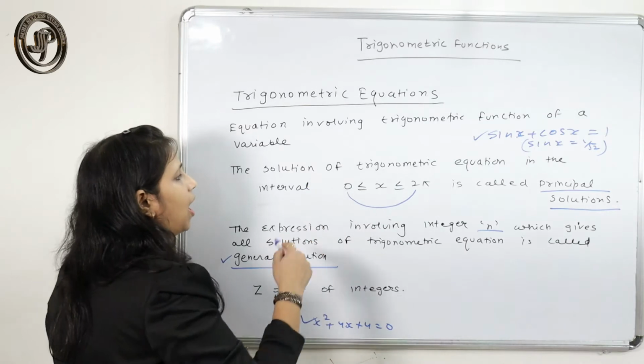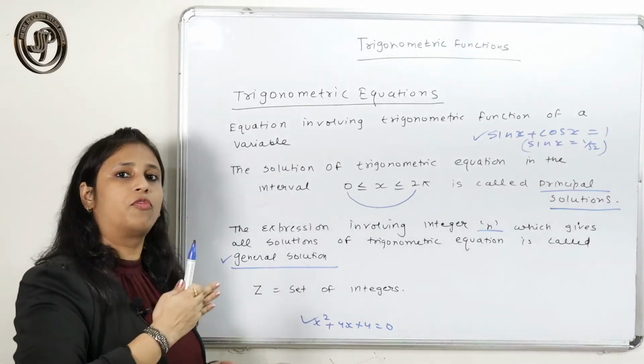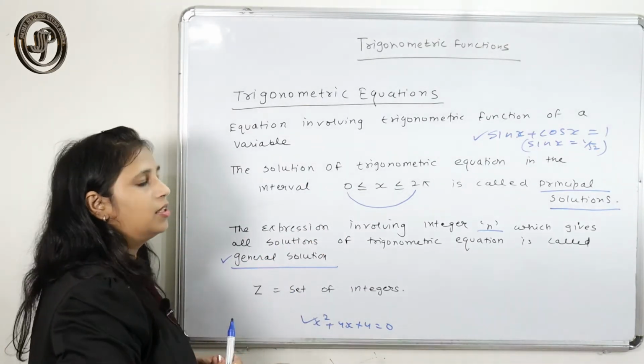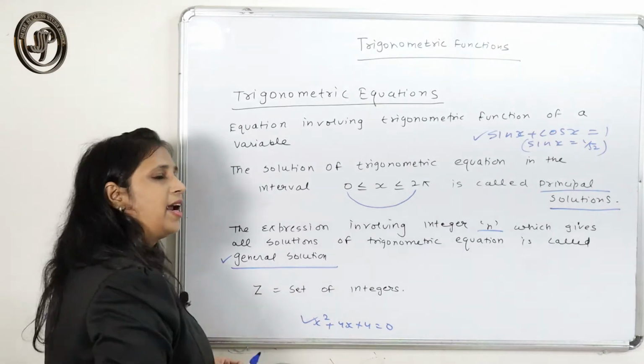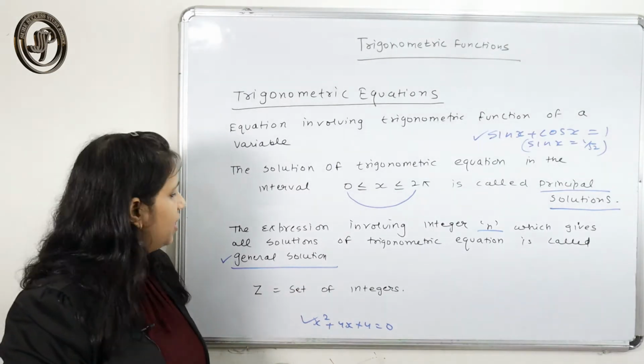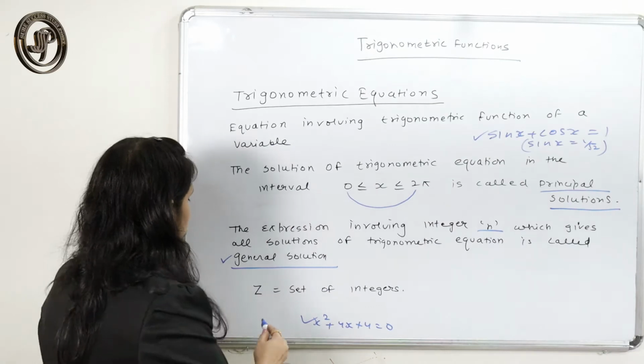But if I write the answer from 0 to 2 pi only, then it is principal, and if I write it as an integral multiple of n, then it is the general solution.